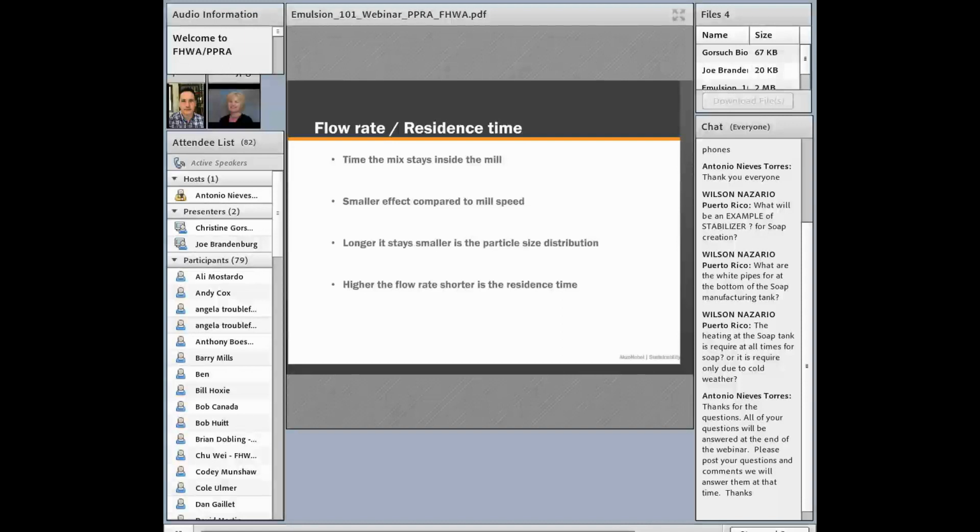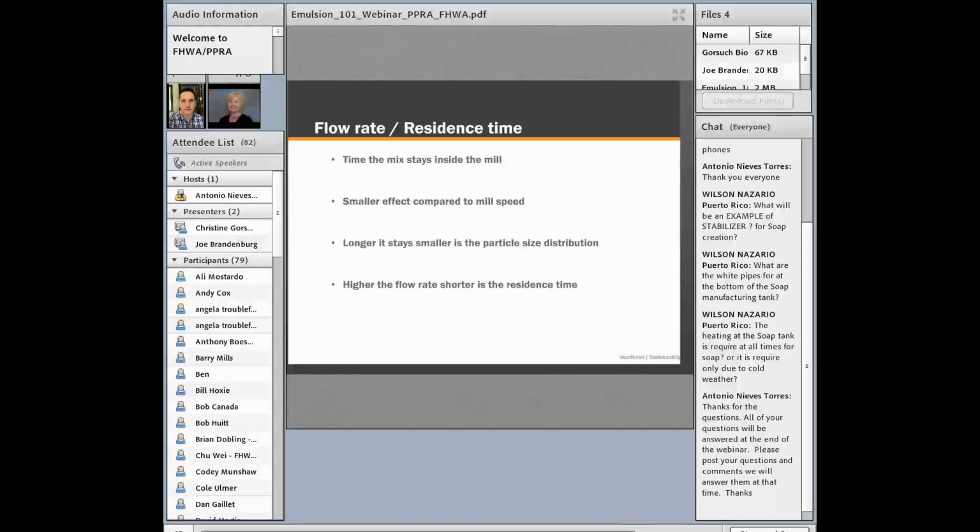So I'm going to talk a little bit about your flow rates and residence time. And when we think about residence time, so as we're making our emulsion, that is the amount of time that the asphalt and the soap have in the mill in order to be sheared. Well, best practices says that there should be a back pressure valve after the exit on the mill, so we can kind of control the back pressure.